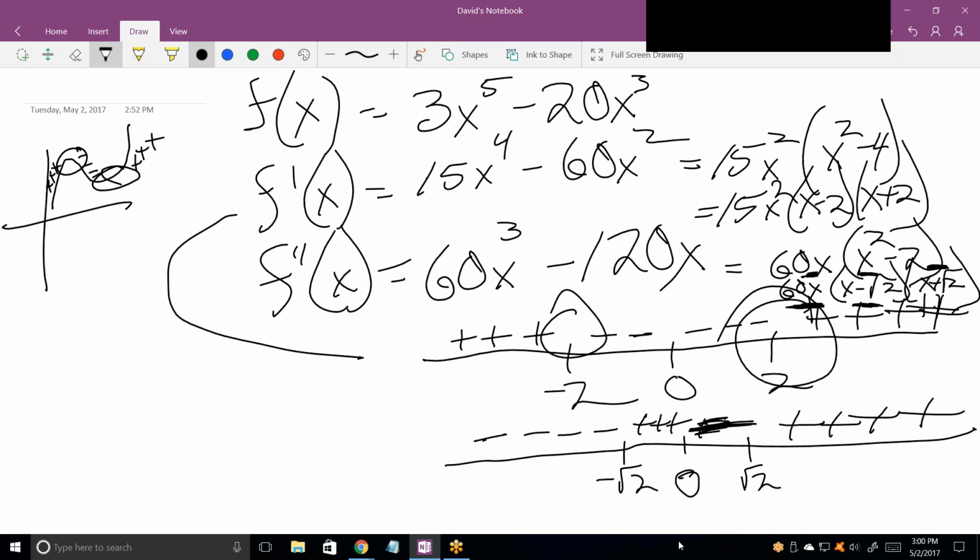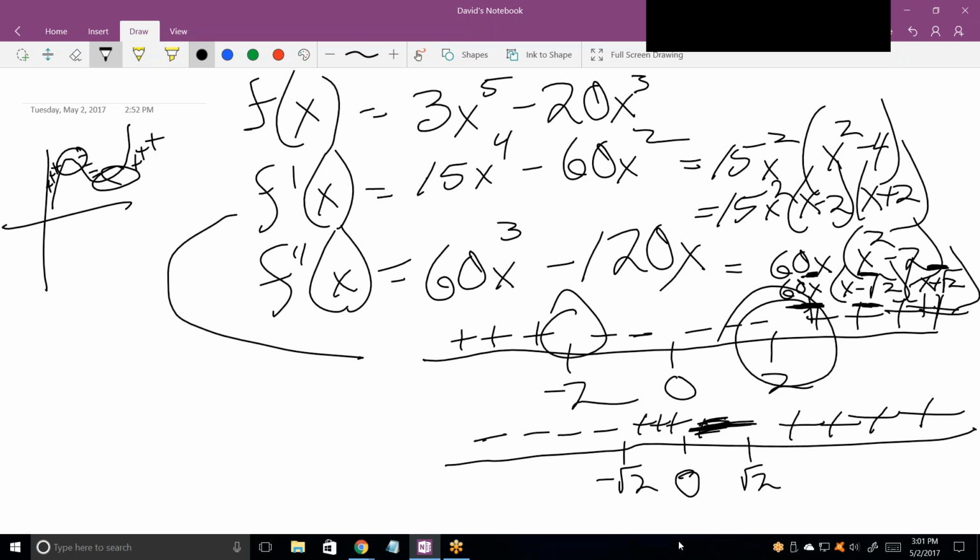And then a point of inflection is where the second derivative is 0. Where is the second derivative 0? At x equals 0 and x equals plus or minus square root of 2.